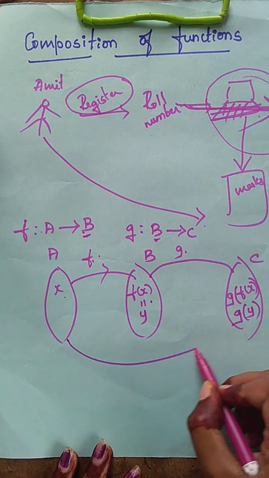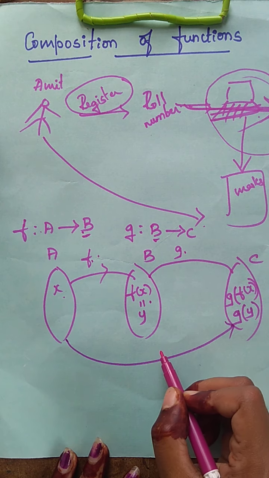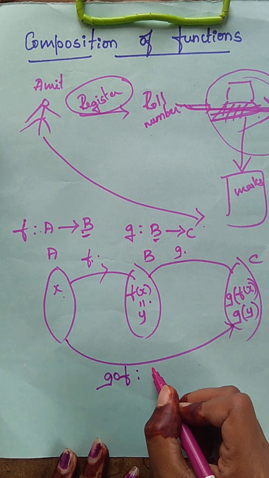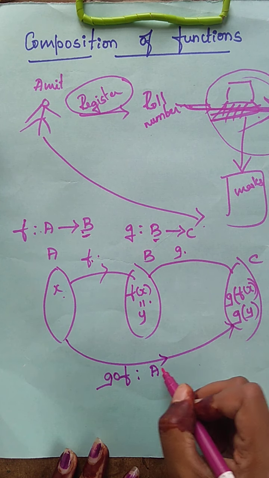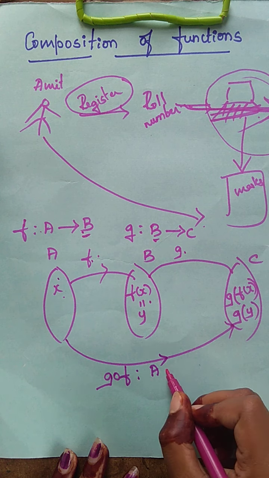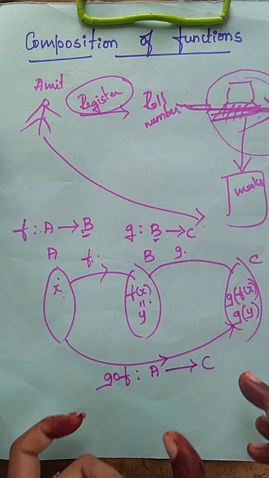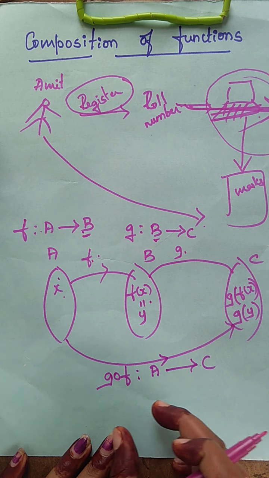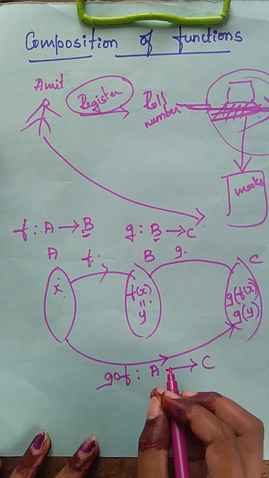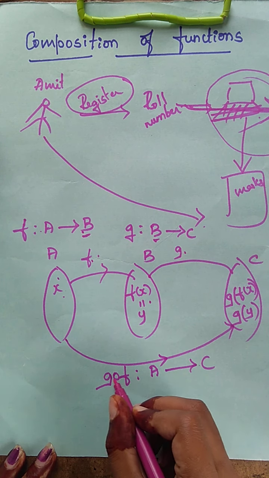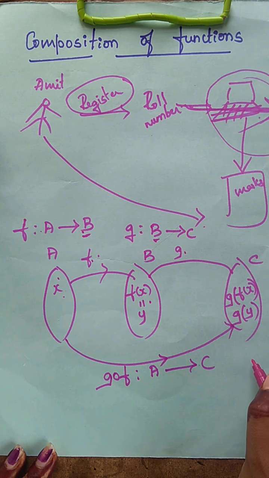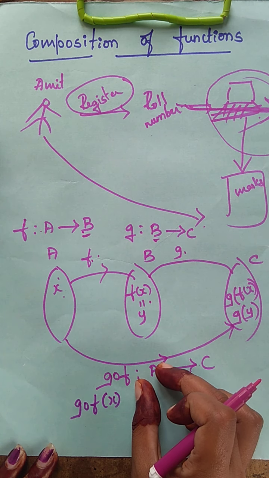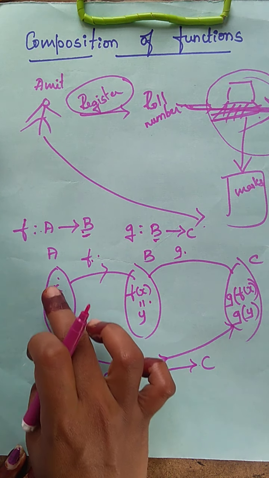This is called composition of functions, and we represent it by g composition f, and it is mapped from A to C. So composition of function g composition f is defined as the function g composition f from A to C, given by g of f of x, because the domain is A and A contains elements of the form x.